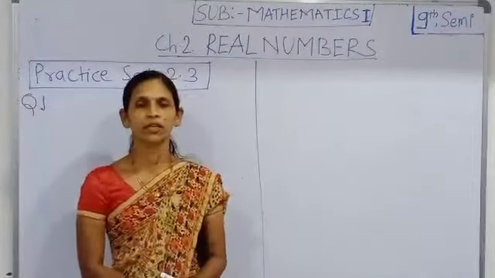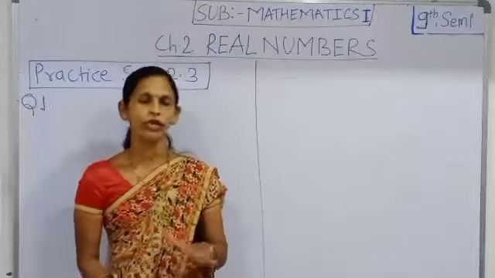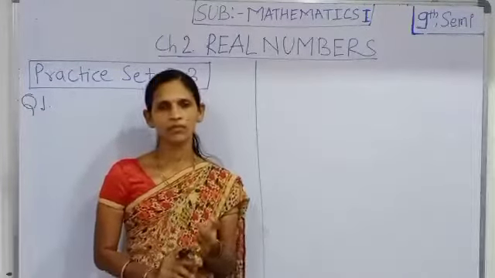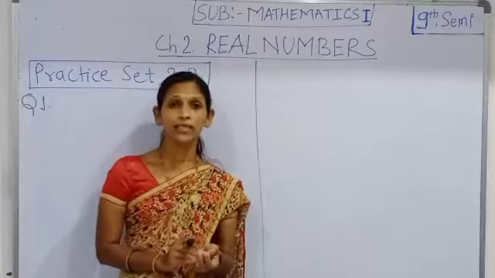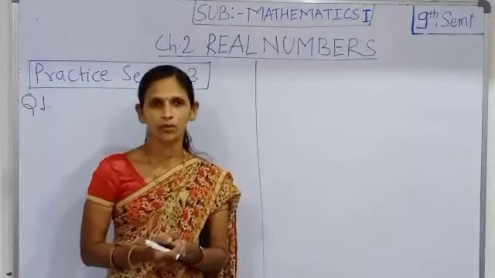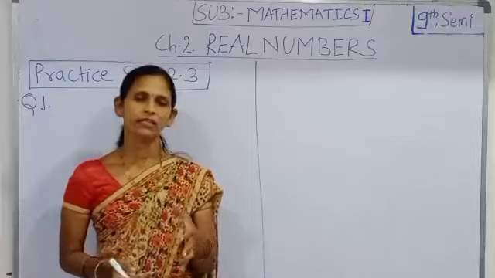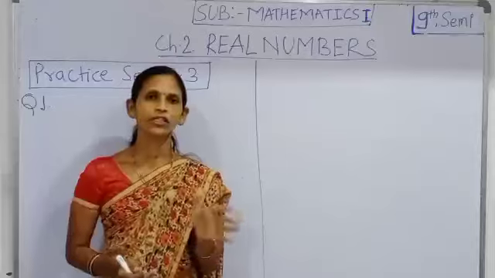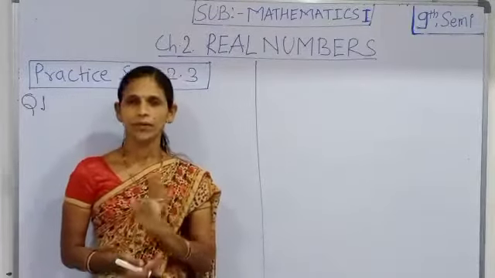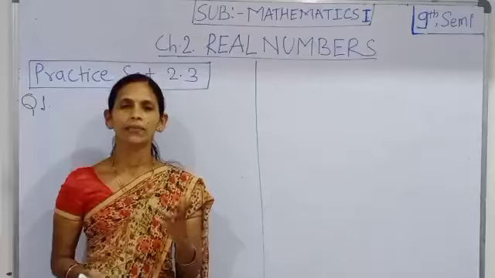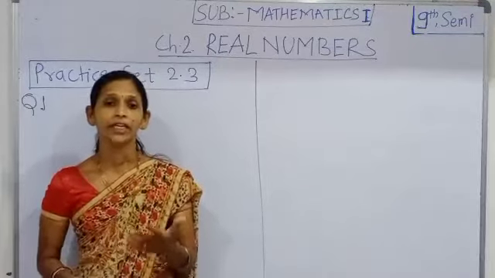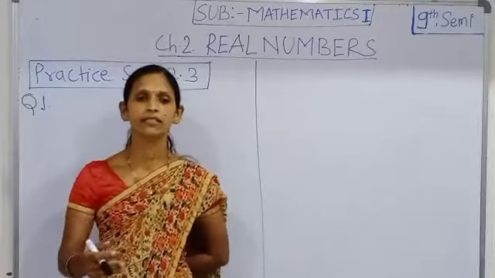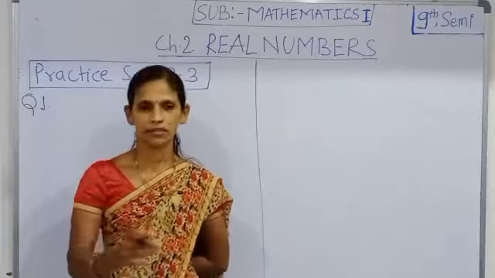Hello students, in the previous lecture we have studied surds, the simplest form of a surd, comparison between surds, order of surds, as well as operations on surds, that is addition of surds, subtraction of surds, multiplication of surds and division of surds, as well as like surds and unlike surds.